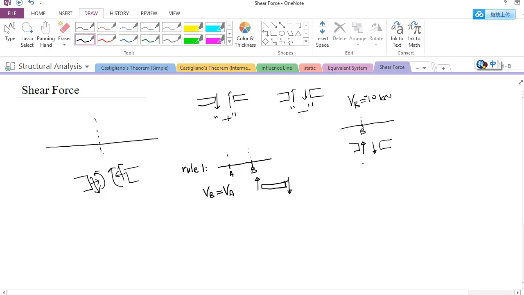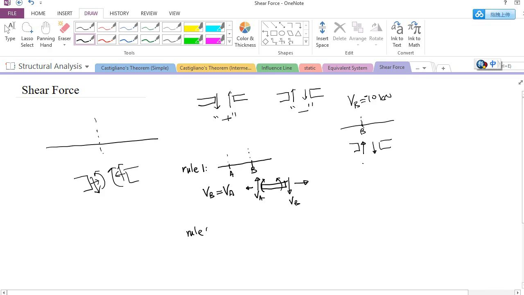For VA, positive means that at the right face the arrow is upwards, and at the left face the arrow is downward. So this is VA, VB. Of course, we also have bending moment, but this doesn't matter. From the force equilibrium along the transverse direction, VB is equal to VA. So this is pretty simple.